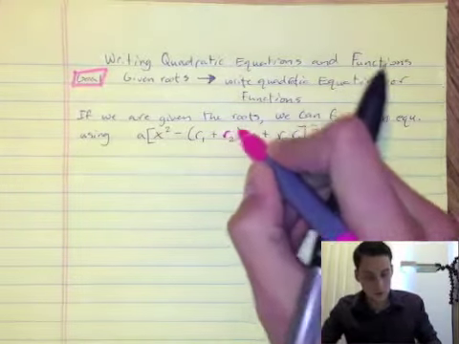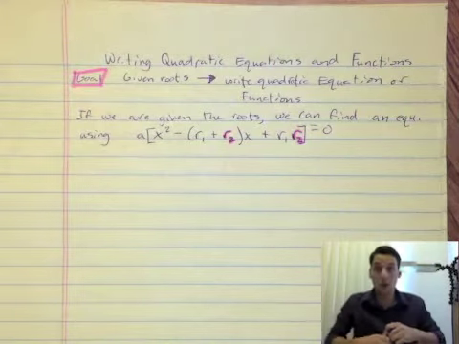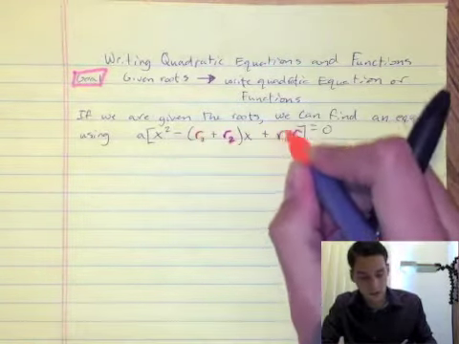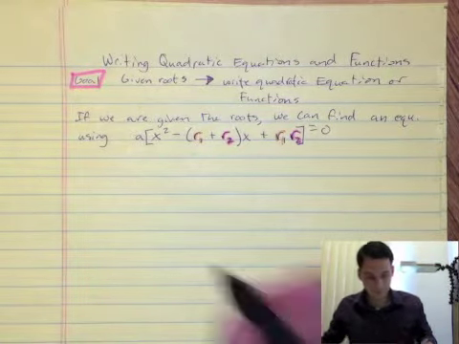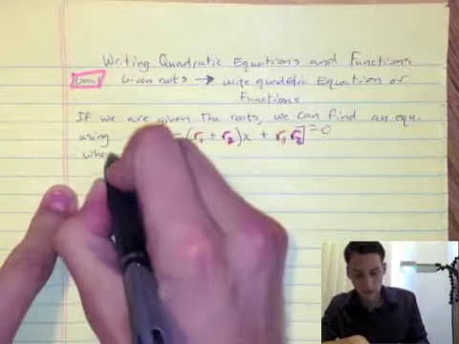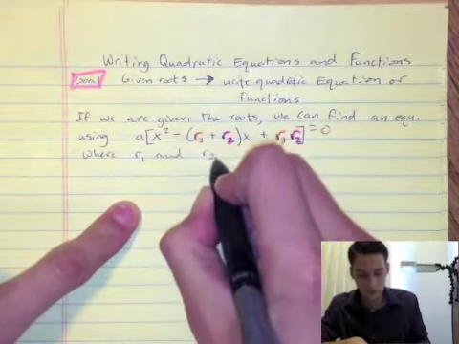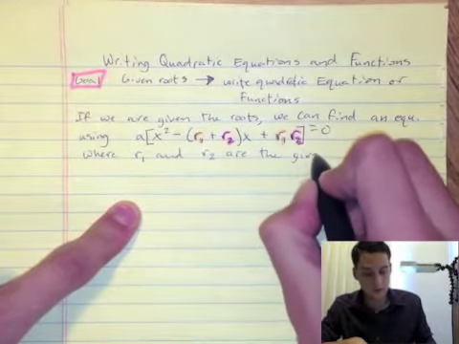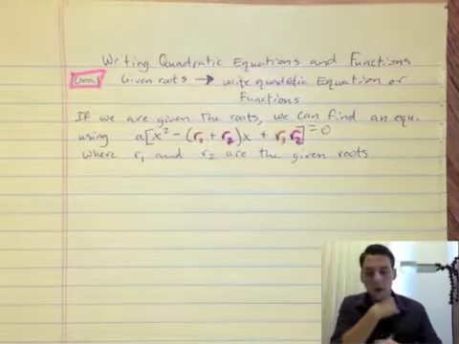I'm going to highlight some of these things. R1 and R2 are the two roots that they'll give us, and I'm highlighting them because I'm going to refer to them later. So let's read it all over.